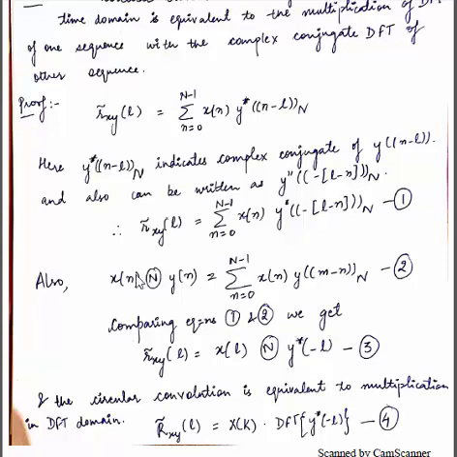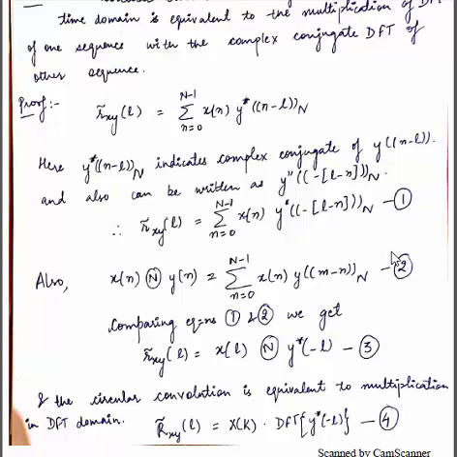Also we know the definition of circular convolution. The circular convolution of two sequences, x of n circular convolution y of n, is equal to summation n from 0 to N minus 1 of x of n y of m minus n for N point DFT. We can also say modulo N, which was already discussed in the symmetry property of a sequence. That is equation number 2.